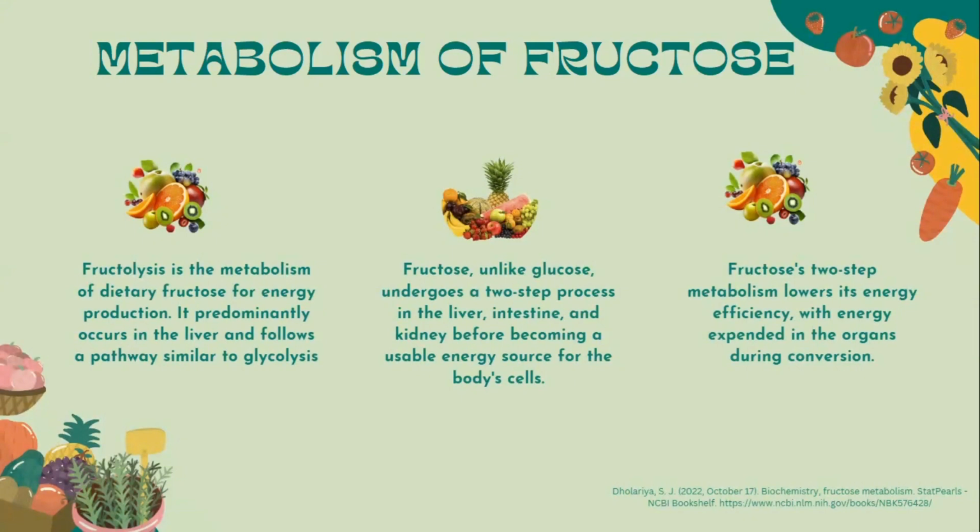Now, unlike glucose, fructose undergoes a two-step process in the liver, intestine, and kidney before becoming a usable energy source for the body's cells. Fructose's two-step metabolism is energy efficient, with energy expended in the organs during conversion.